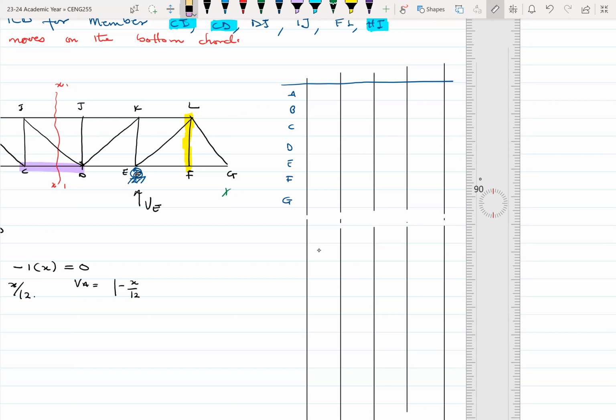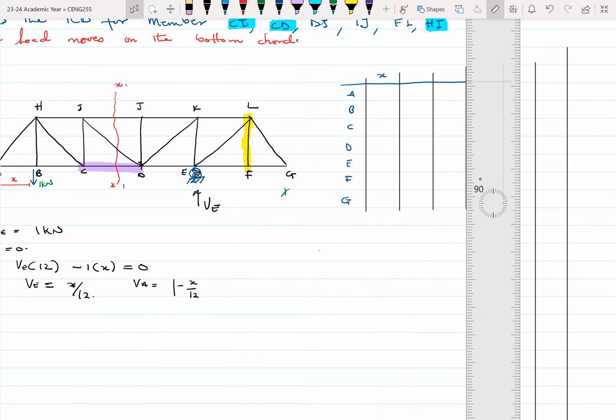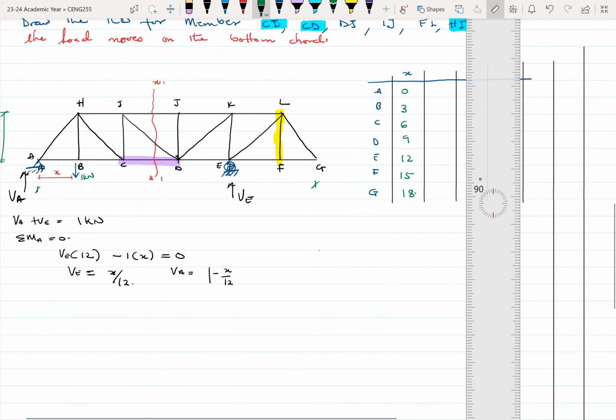So the value of X at A is 0. At B, X is 3, then 6, sorry, 9. At E it is 12. At F is 15, and at G is 18. Now let's look at VA and VE.